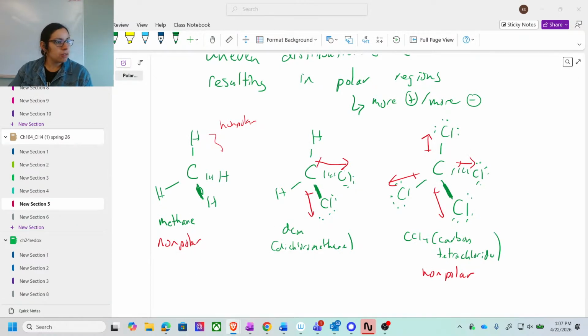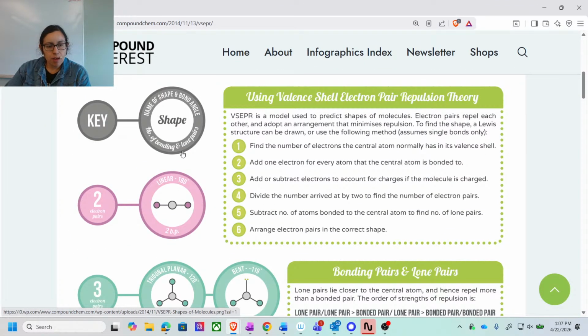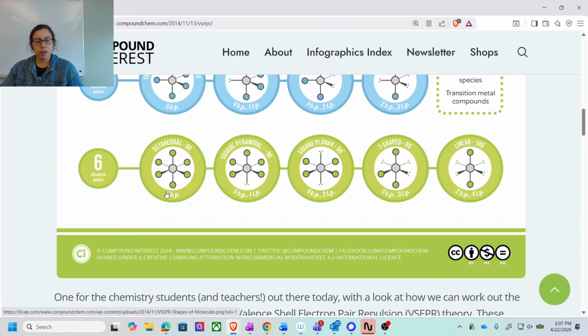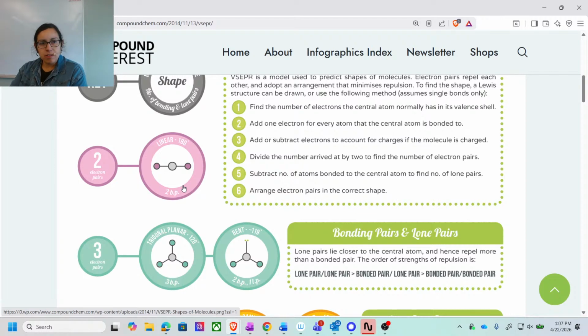We can use the compound chem sheet too to help us. Let me pull that back up. Generally the trick you'll notice is the first column here is what I call the fully symmetric geometry. If we have two of the same atom, that's going to cancel out for our vector.